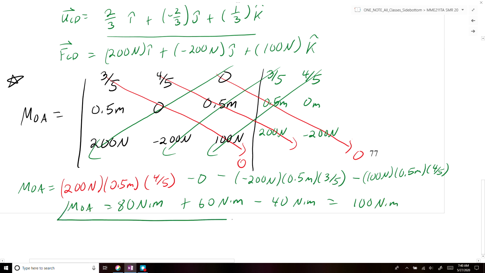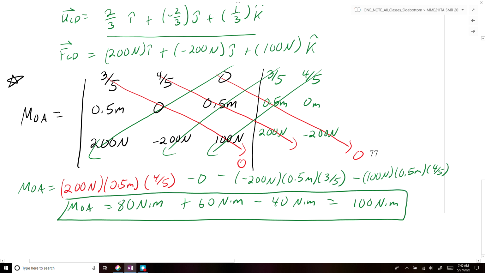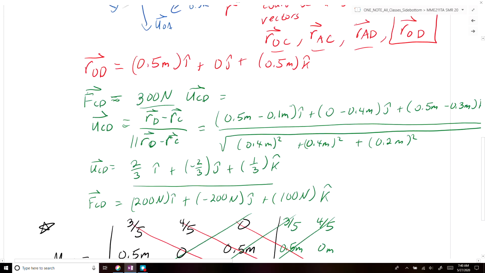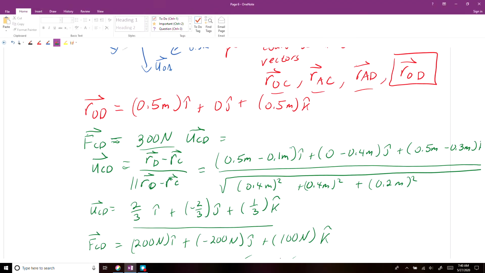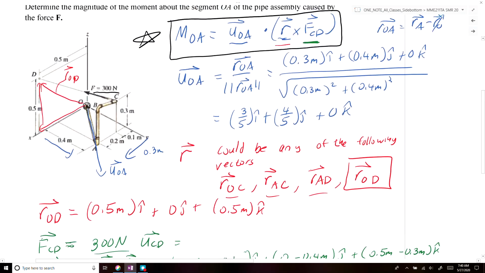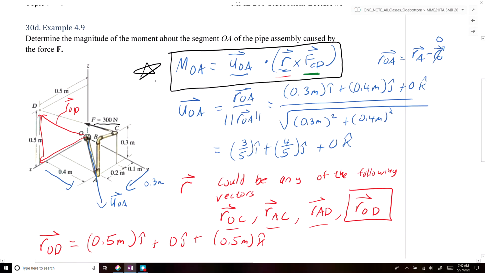All right. So for these problems, it's pretty straightforward. In order of operations, we first defined our governing equation, then we defined each of the components of that equation.